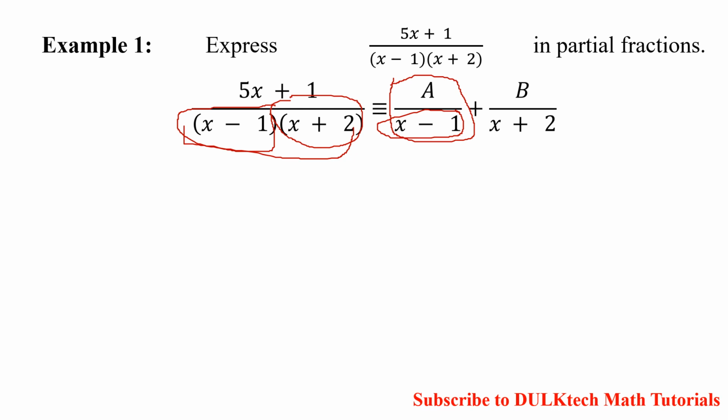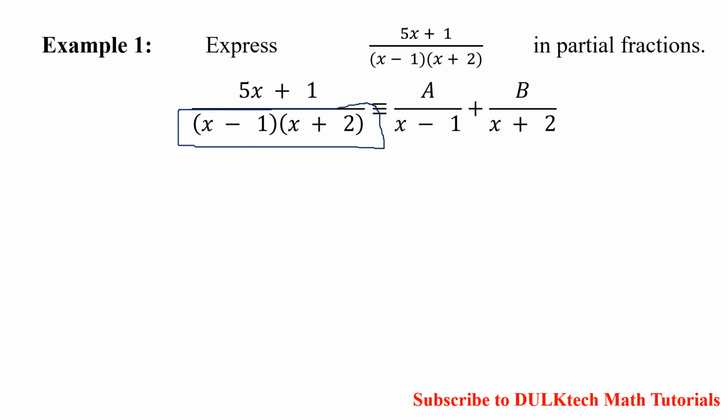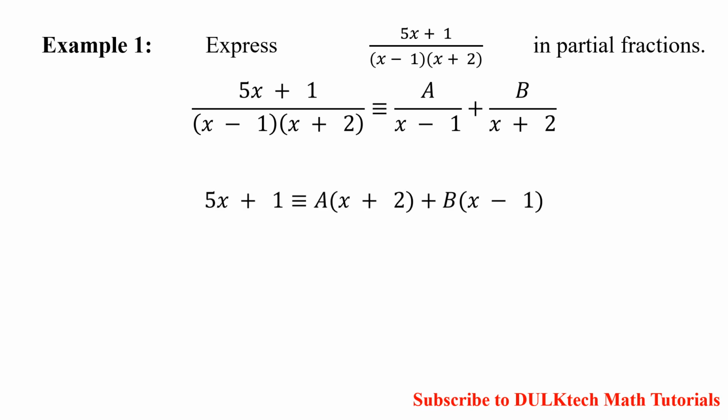Right. If we also do the same with this second fraction, B over x plus 2, if we multiply it by the common denominator, (x - 1)(x + 2), this x plus 2 will cancel with this x plus 2, so we remain with x minus 1 being the factor of B. So we will end up having an identity which is independent of denominators like this.